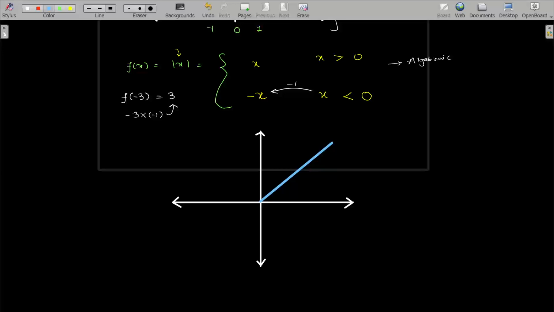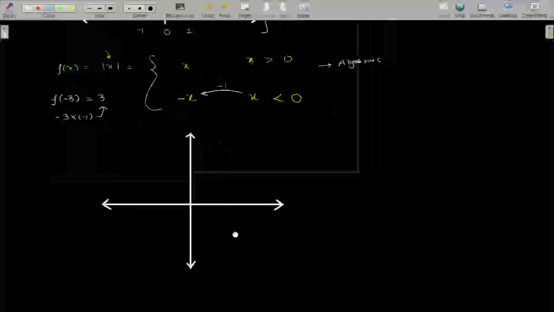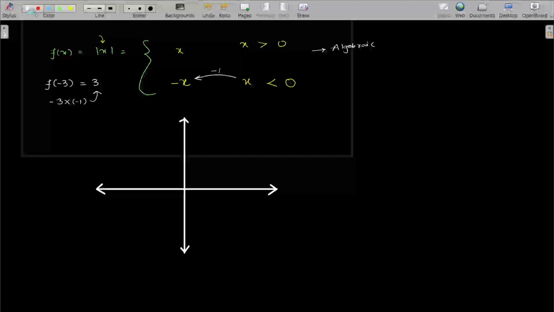Why is it not like this? Or it can take any other shape. Why is it only taking the straight line? Why don't we have something like this? Would be like negative. Hmm.